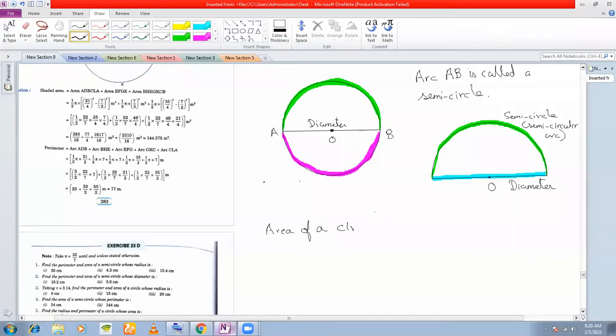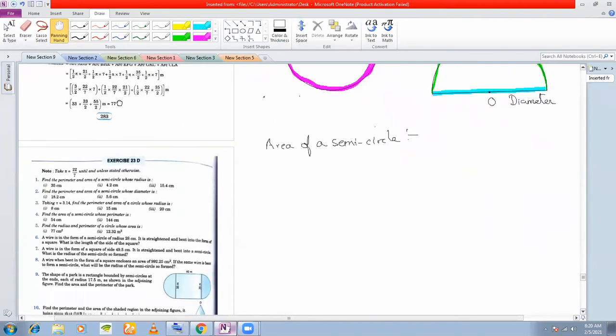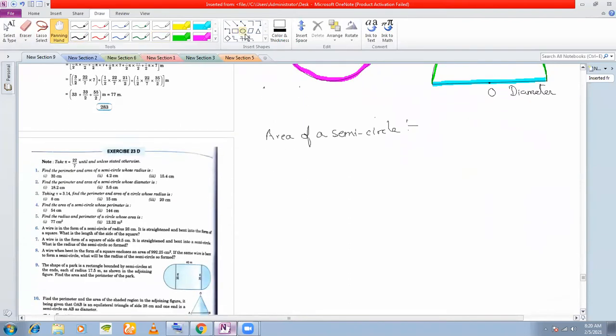Area of a circle, semicircle in fact. Area of a semicircle. Now see, I've divided the circle into two semicircles.